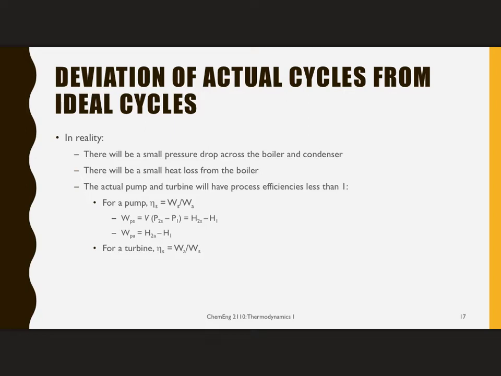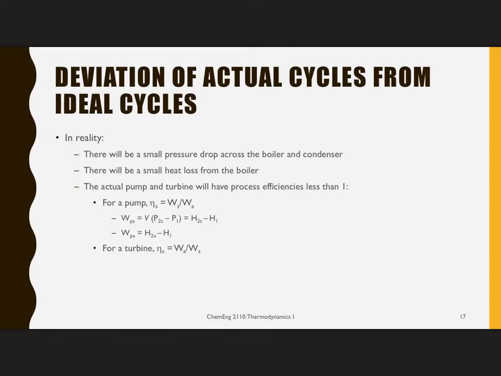Additionally, we're saying that the boiler is going to be so well insulated that all of the heat we put into it goes into heating the fluid and not into loss to the surroundings. Probably that's an overstatement. We're going to neglect that, but that is something that should be considered.